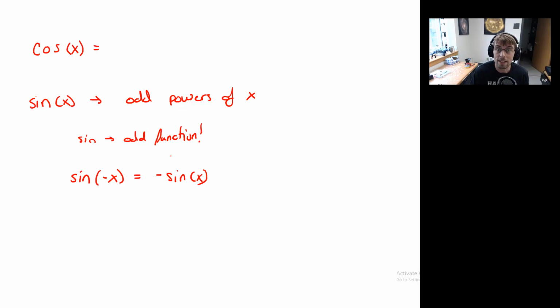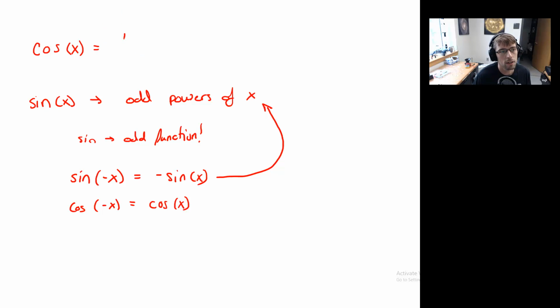And that relates intimately to this idea that you have just the odd powers. You'll notice that cosine is an even function, and that means that it just contains the even powers of x.